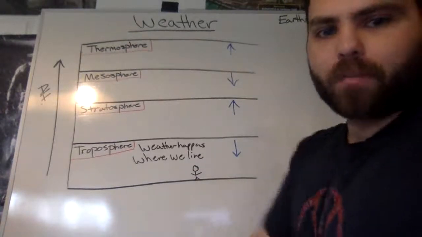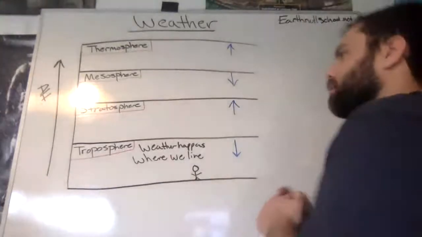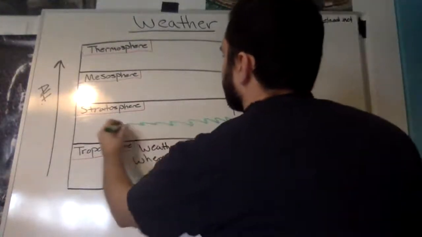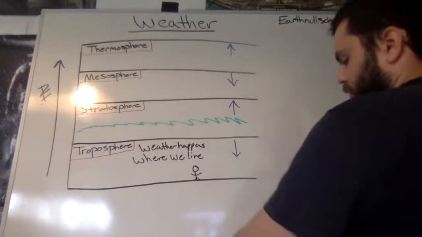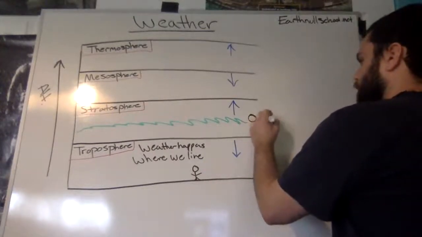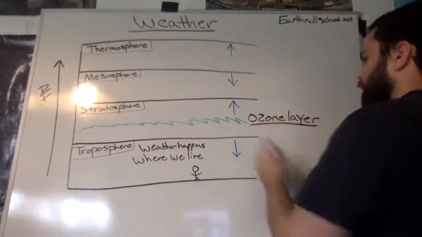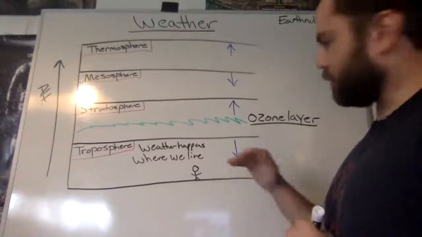All right. Now, the stratosphere is important because, I'm going to put this green line in here, the stratosphere is actually the holder of the ozone layer. So the ozone layer, and we're going to get into this again, this is just an intro.